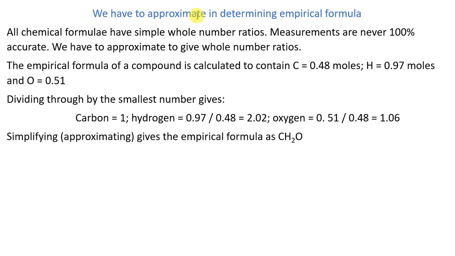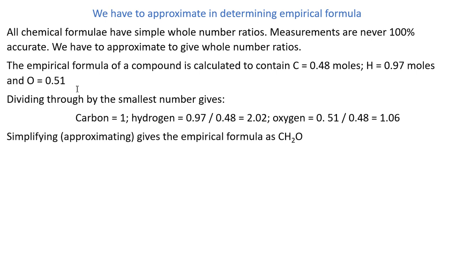We have to approximate in determining empirical formula. All chemical formulae have simple whole number ratios. Measurements are never 100% accurate. We have to approximate to give whole number ratios. The empirical formula of a compound is calculated to contain, and it gives me the number of moles of carbon, hydrogen, and oxygen.